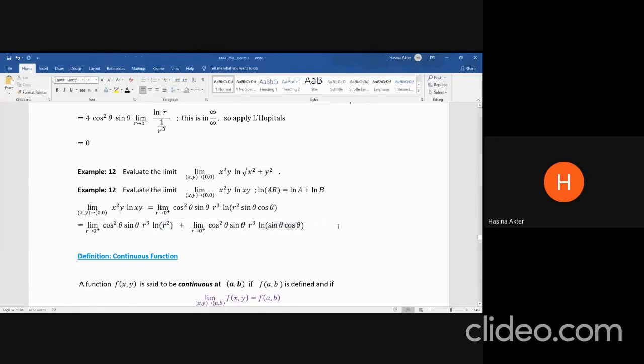Do you understand this? Take this as A. This is A. I will make it red. Okay. And this is B. This is B. I will make it blue.